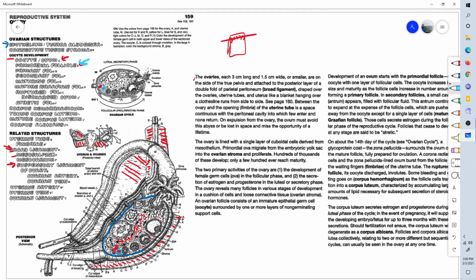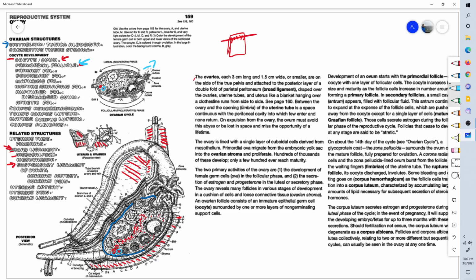Now, the purpose of these follicle cells surrounding the ovum is to provide support and nutrients for the ovum to grow and mature so that it can be expelled into the fallopian tubes and travel to the uterus for fertilization.